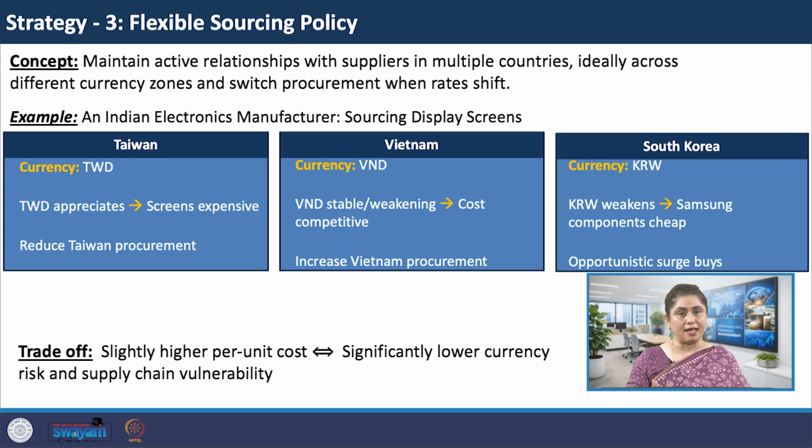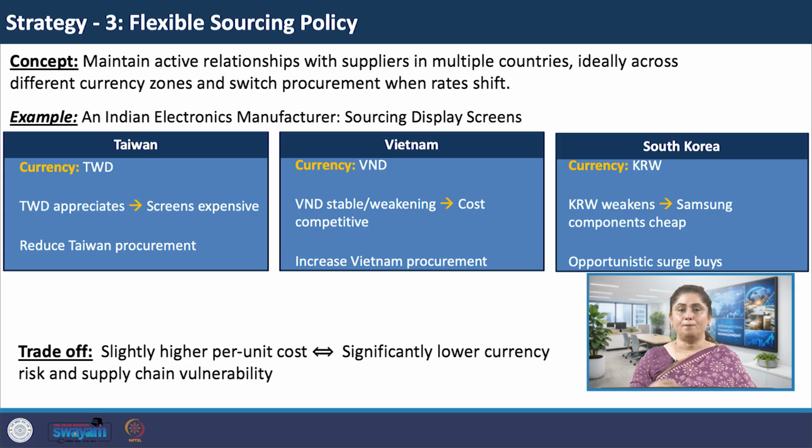The firm can increase its procurement from South Korea or can even upgrade its product line using the favorable pricing. The key word throughout is optionality. The firm is not locked into any one supplier. It can source from whichever country offers the most favorable currency position at any given time.